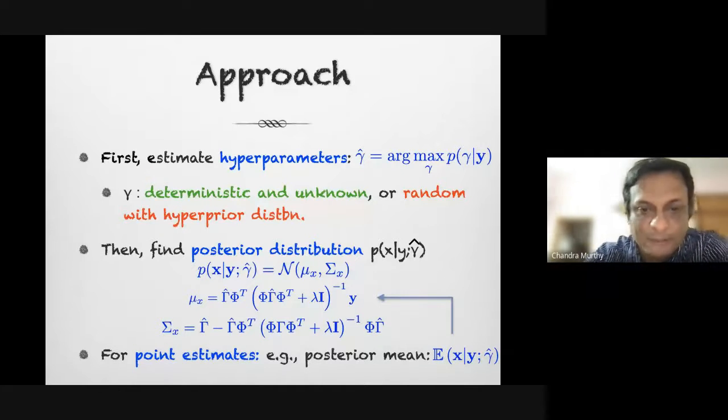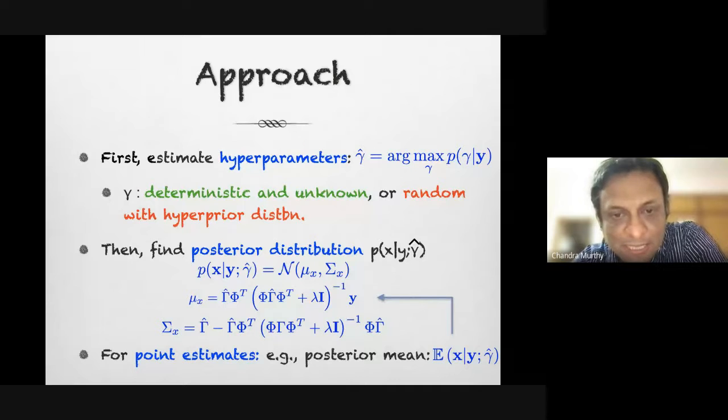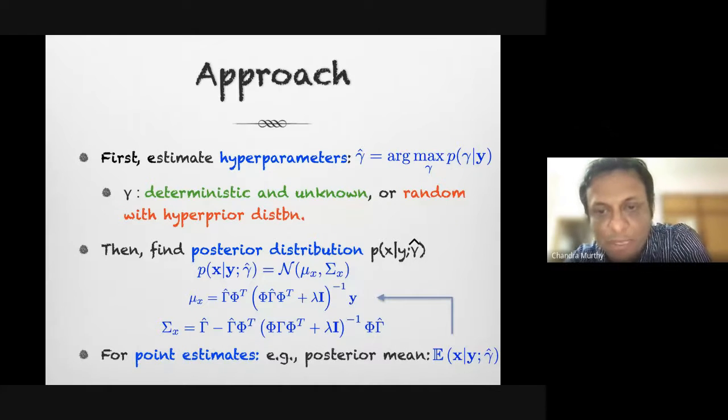Okay, so the point of this slide is to say that there is still a problem that we need to solve, which is that we need to find the maximum likelihood estimate of gamma. But once we have the maximum likelihood estimate of gamma in hand, then finding this posterior distribution P of x given y and point estimates of x is actually very easy.